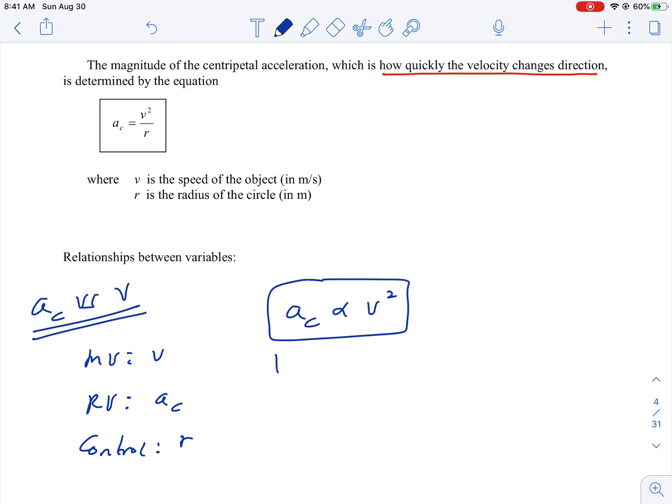We call this a direct square relationship. I'll tell you a couple things about it. First of all, the graph for this. If we graph AC versus V, it would be a square relationship, basically a parabolic relationship, which looks like this.